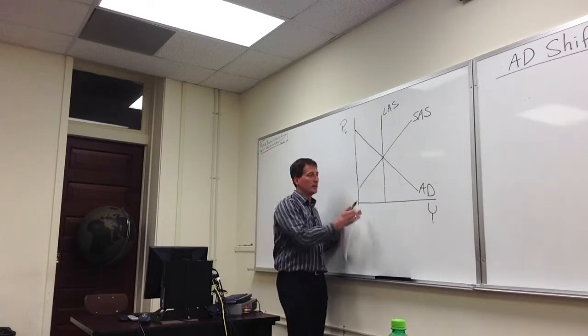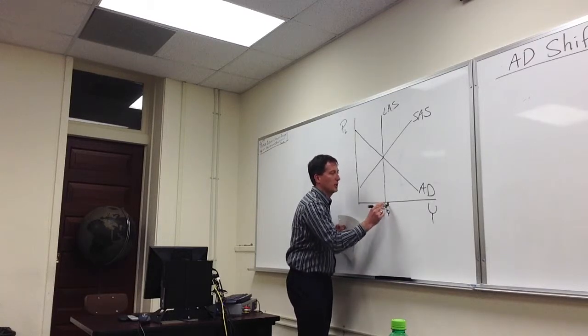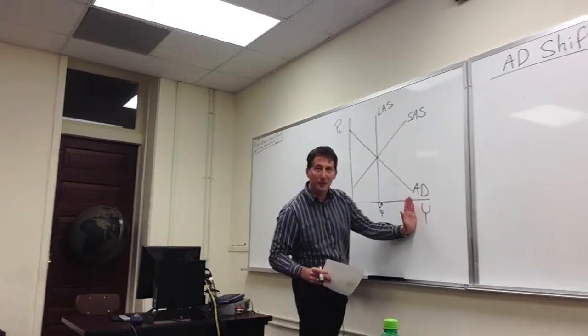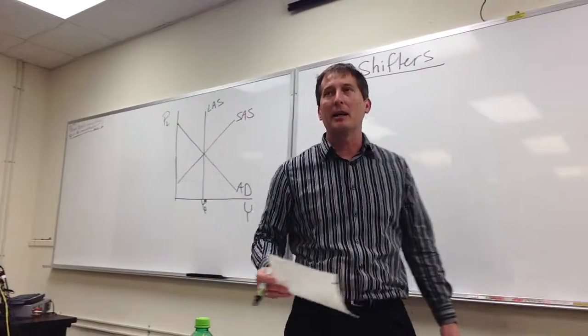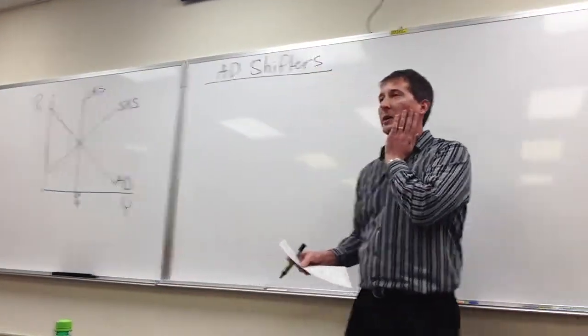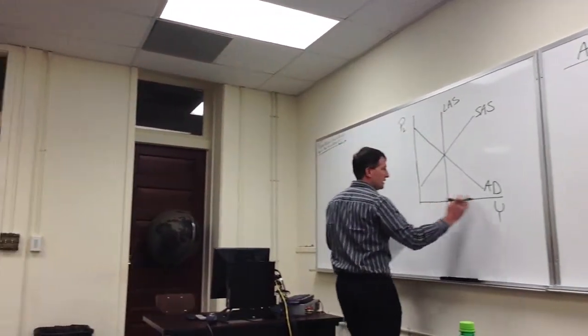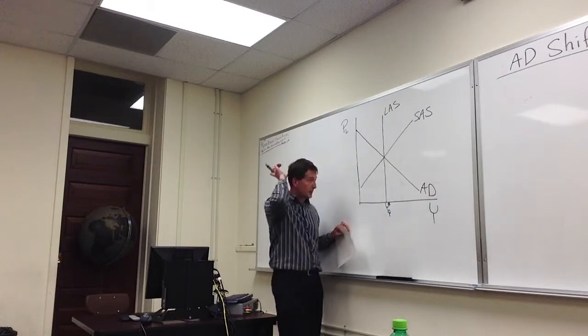We can only produce so much. That is our potential level of output. We could dream of being here, but we can't be there. There's real constraints on the economy given our resource base. We've got a certain bucket of resources, and we can only do what we can do. So that's an important anchoring spot.